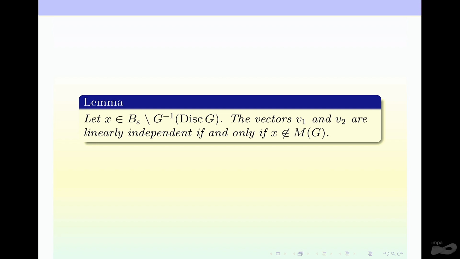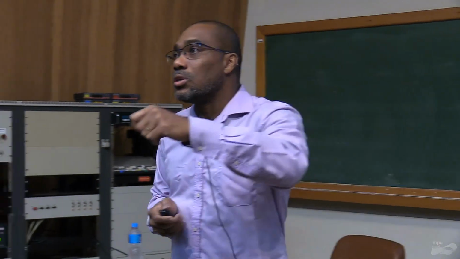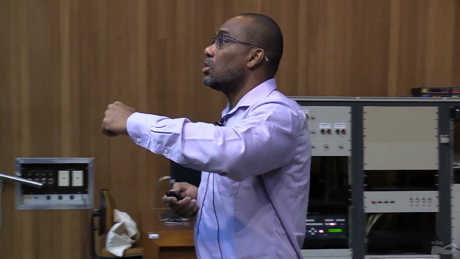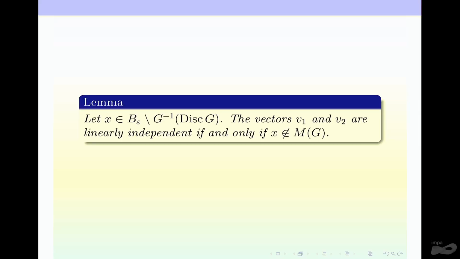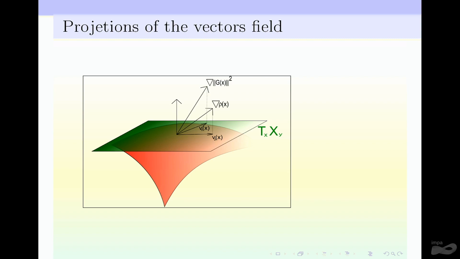This is also true, and if you just work with such a condition, as we already discussed, it's easy to prove such a result. Again, what we are saying is that if the point here is not in the Milnor set, that's the true picture. Okay, that's what we are saying.